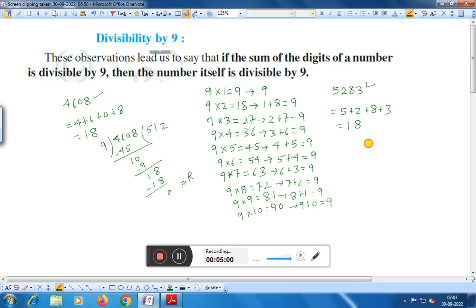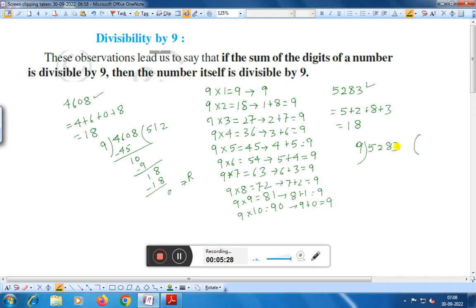Let us divide 5283 by 9. We are dividing by 9.